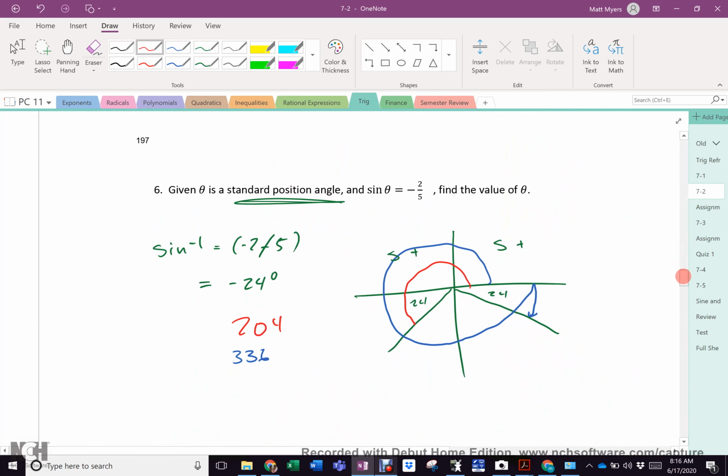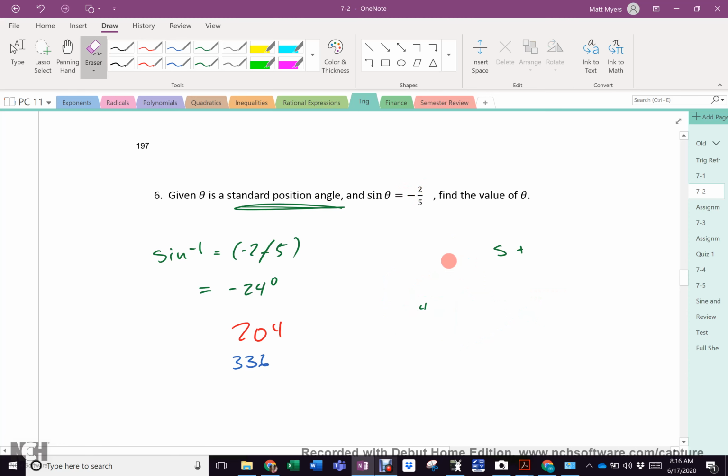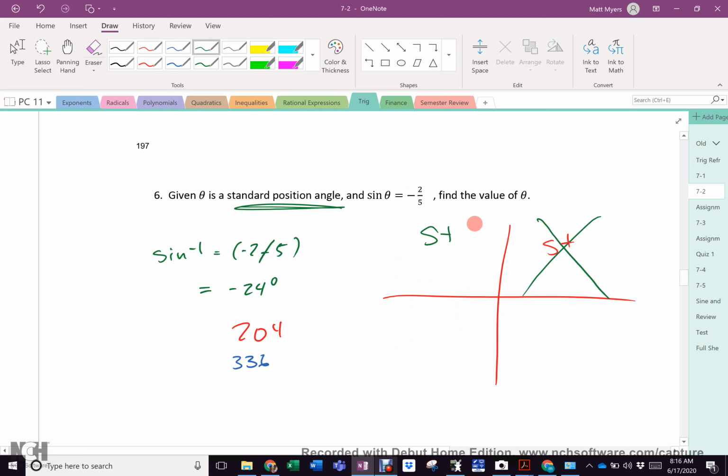And then lastly, give the angle in standard position where sine is negative. Well, there's two places where sines are negative, right? So here's my quadrants. Sine is positive here, so it can't be there. Sine is positive here, so it can't be there. It has to be down here. So if I do shift sine, I get negative 24.